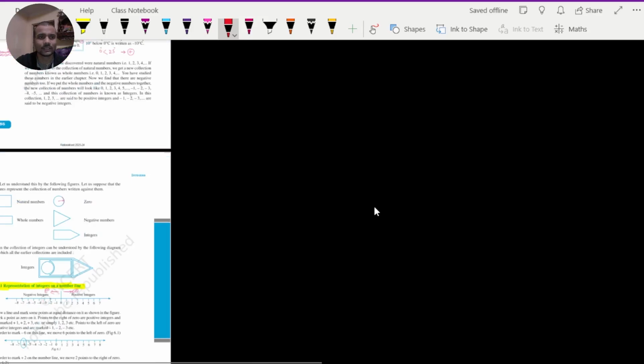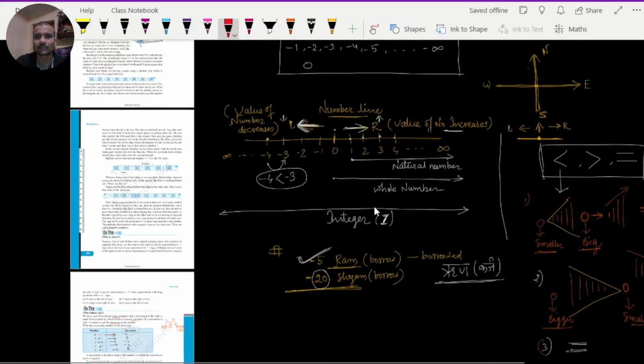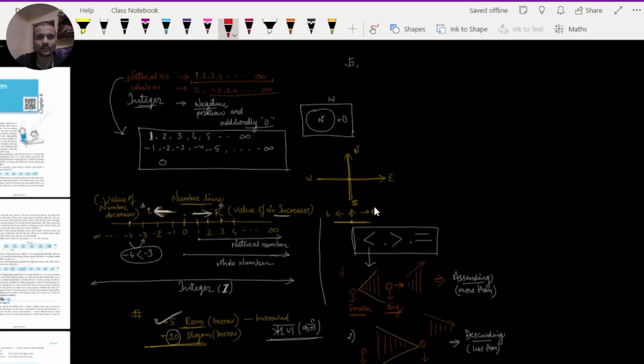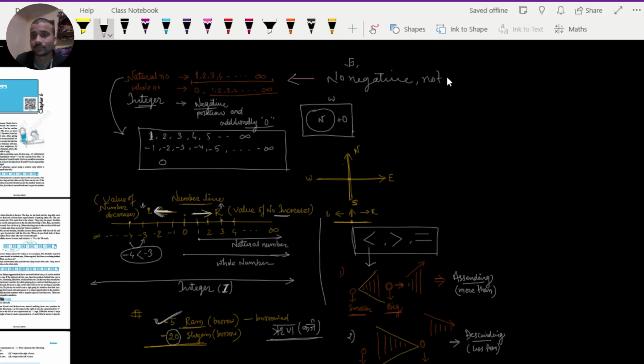So now come to first here and recapitulate what we studied today. So today we studied what was natural number. In natural number there was no 0 and no negative number.